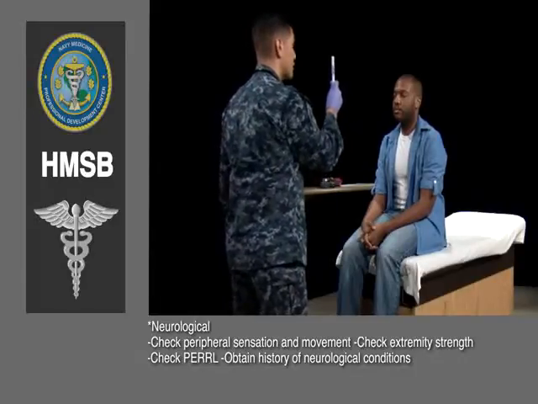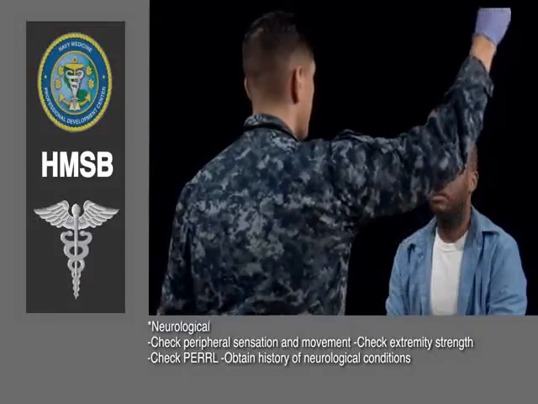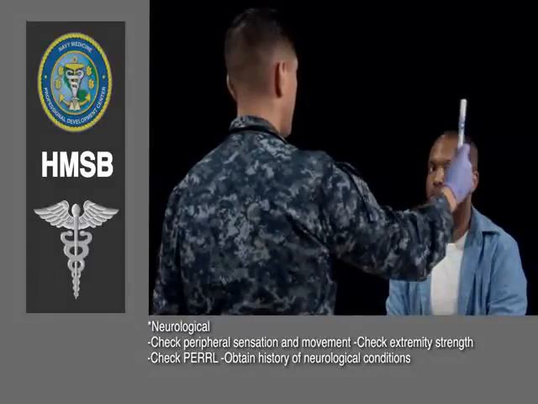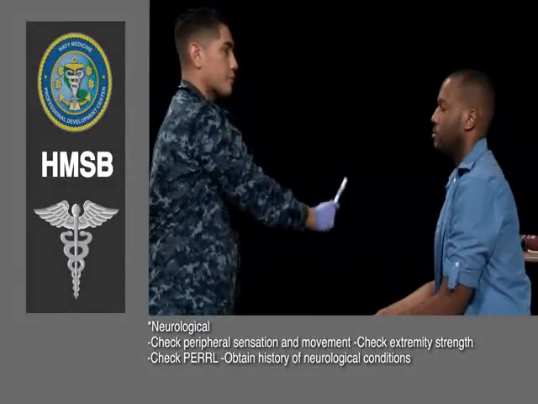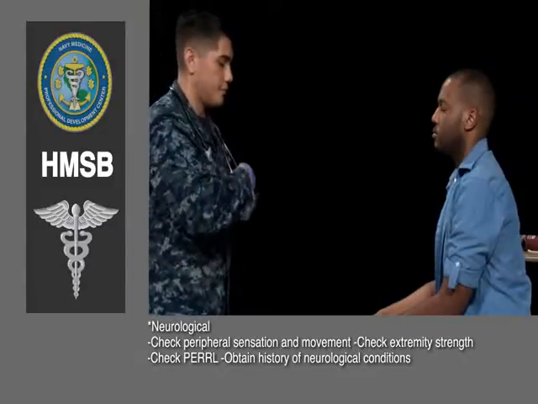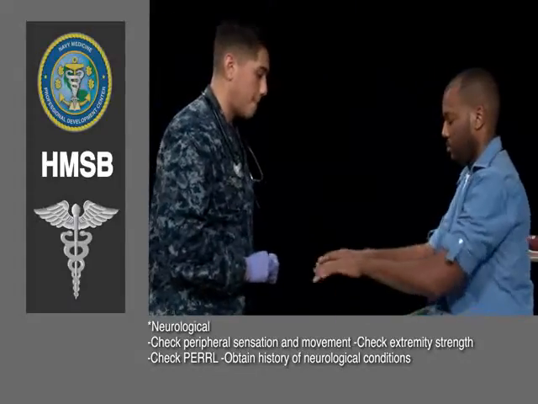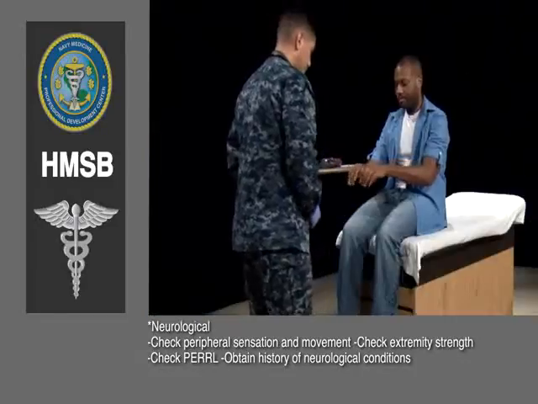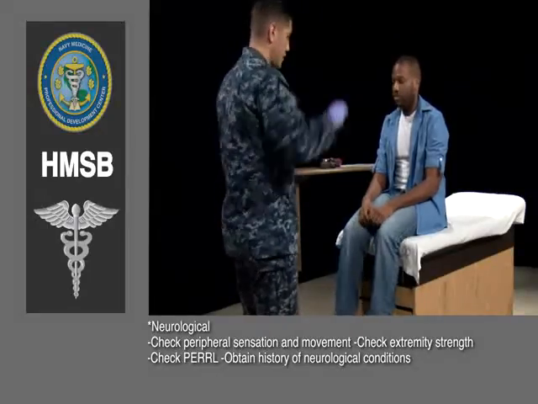Can you follow my pen with your eyes? Good. Can you wiggle your fingers for me? Can you feel me touching you? Yes. Now can you wiggle your toes? Okay. I'm going to tap your knee here.